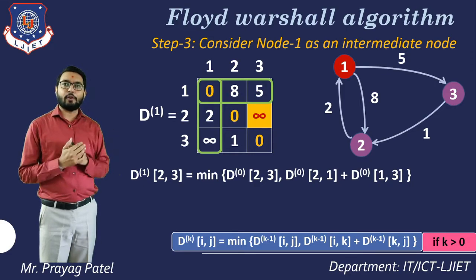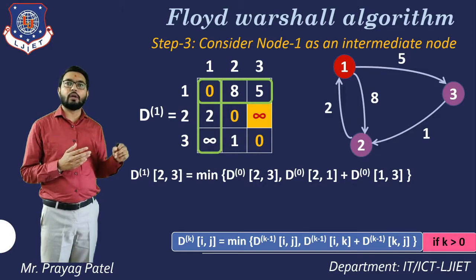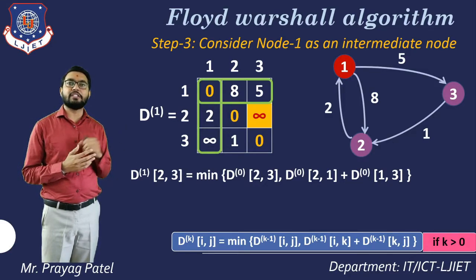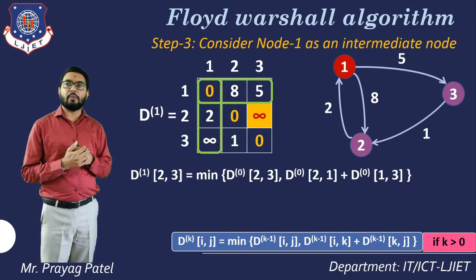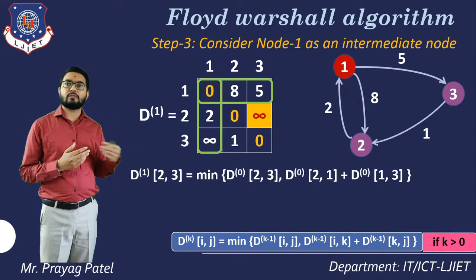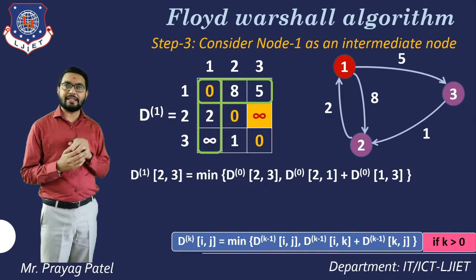Apply the formula with i equal to 2, j equal to 3: d1 2 3 equals minimum of d0, because k equals 1 and k minus 1 means 0, so minimum of d0 2 3, because i and j stay as they are.